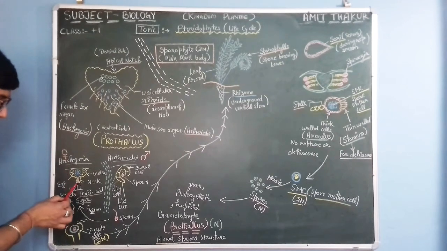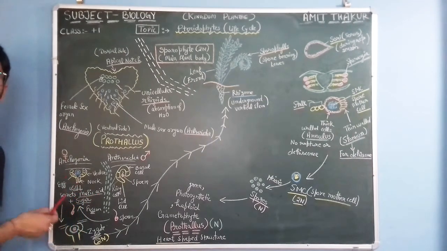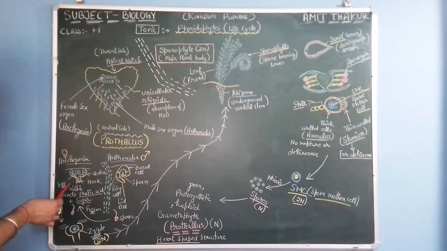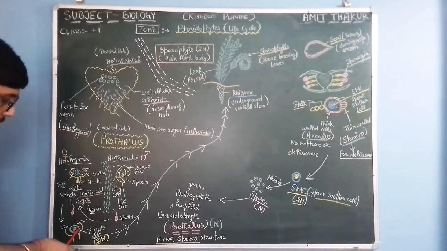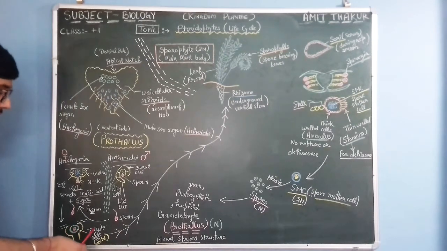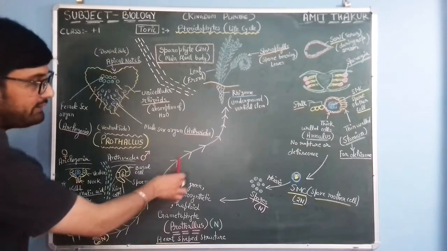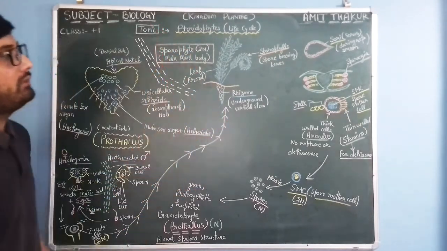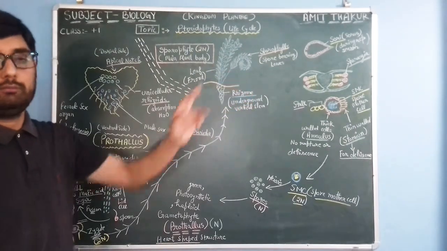This archegonial structure releases malic acid and sugar to attract the sperm for fusion, and the sperm gets fused with the egg to form a diploid zygote. And when this diploid 2N zygote is formed, this zygote then changes into the sporophytic diploid main plant body.